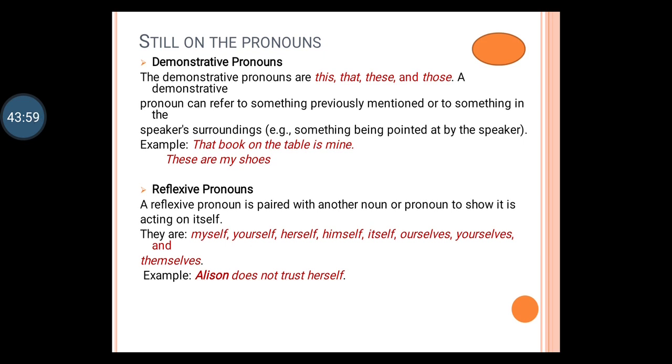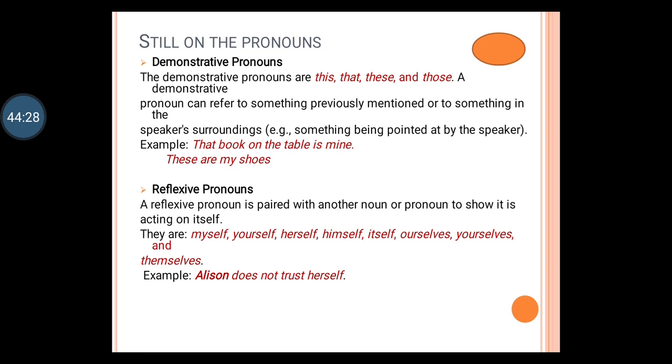We also use it to talk about something previously mentioned. Do you remember that boy you talked about yesterday? Do you remember those boys you talked about yesterday? All right, that is demonstrative. This, that, they are demonstrative.